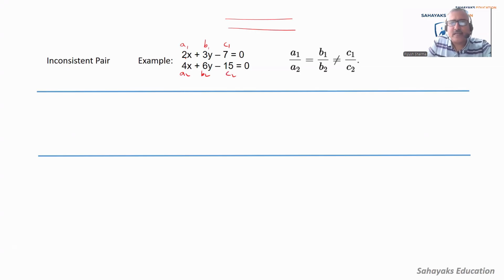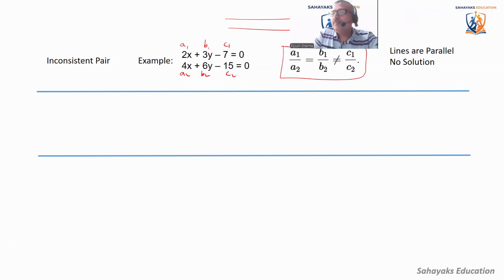See, the coefficient values are A1, B1, C1. So we divide, A1 by A2 is equal to B1 by B2 is not equal to C1 by C2. In such cases, the lines are parallel and there is no solution.